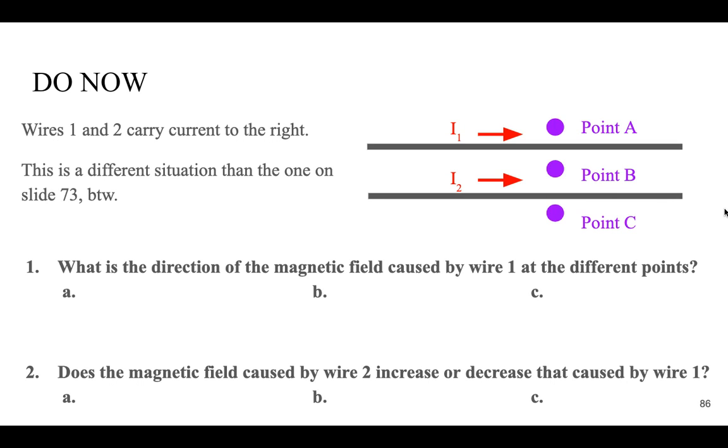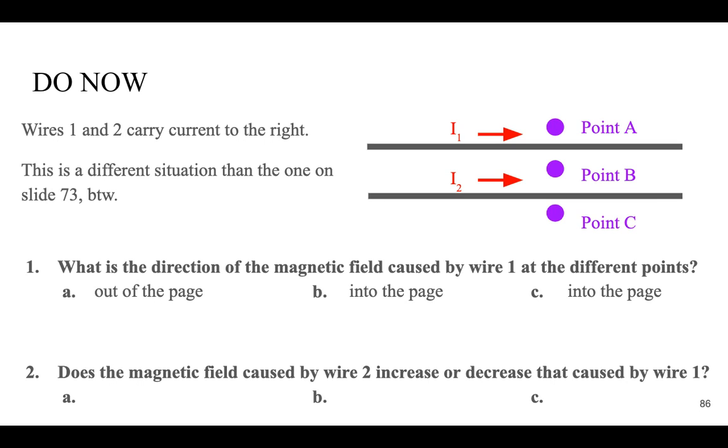Hold out your right hand, put your thumb to the right, and you'll see that your fingers wrap around such that up here, your finger should be coming towards you, so out of the page. If you go below the wire at either points B or C, your fingers should be curling away from you. So those points are going into the page.